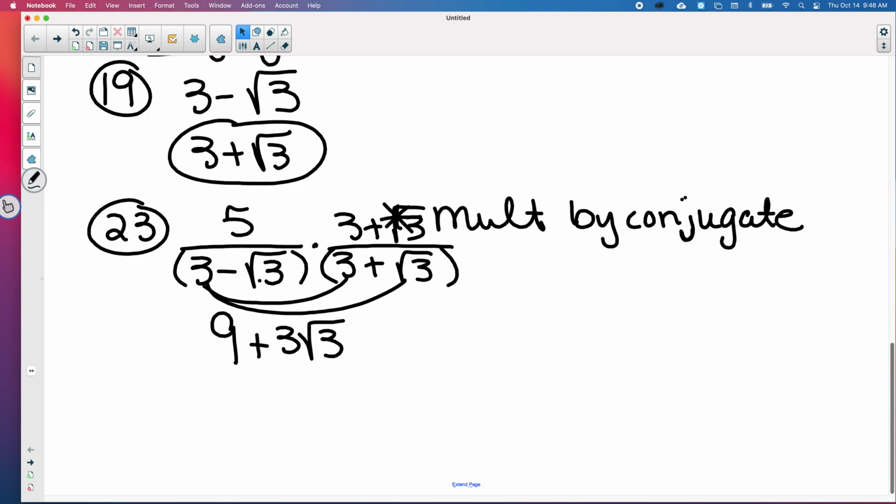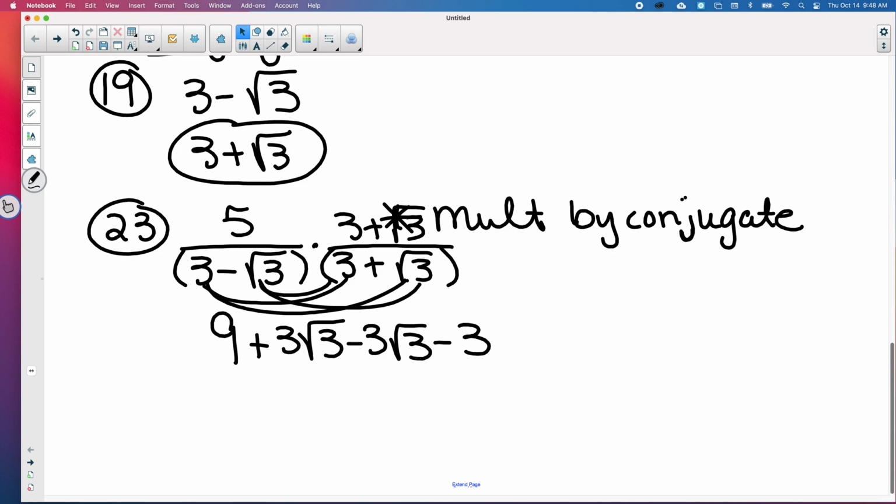And then inner is 3 times the negative radical 3. And then last, you take negative radical 3 times the positive radical 3. What is that? So it'd be negative 3 because it comes out of the radical.